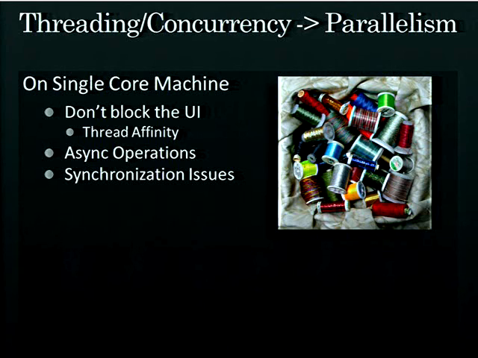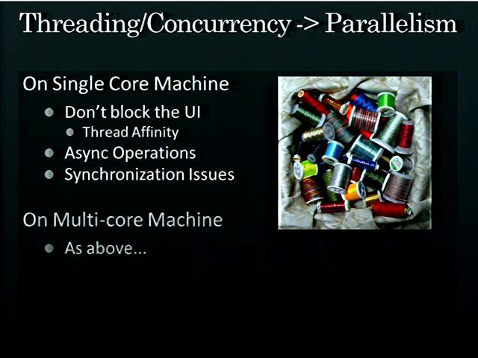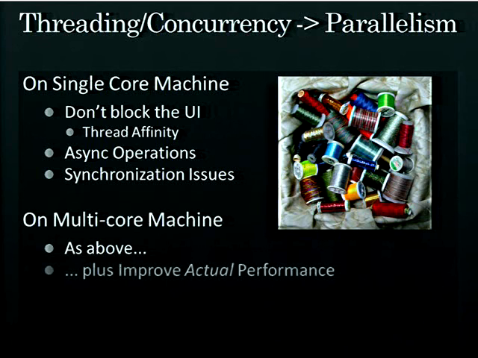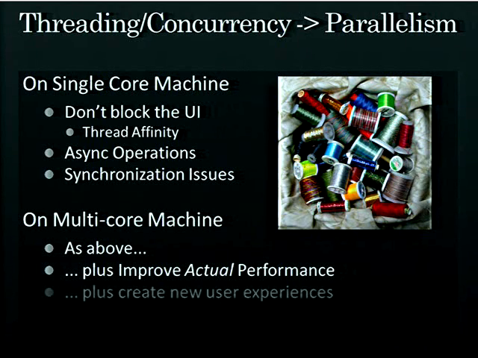So we use threads in those scenarios typically, and that brings synchronization issues in, and most threading talks focus on synchronization issues because that's what gets introduced. The question is, on a multi-core machine, what happens? Everything I've just said is true, the opportunities and the challenges, but additionally, you have an opportunity to improve the actual performance of your compute-bound operations.